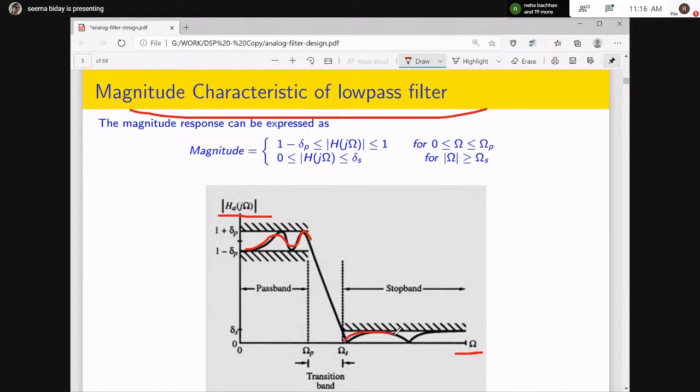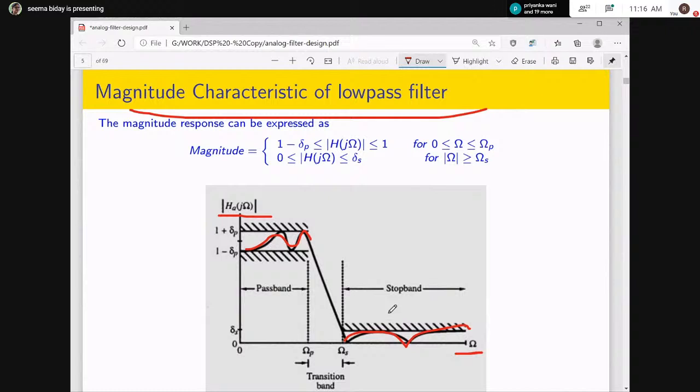So this much is tolerable, right? So this is called the stop band ripple. This is the tolerance in the pass band, tolerance in the stop band in case of magnitude, right?